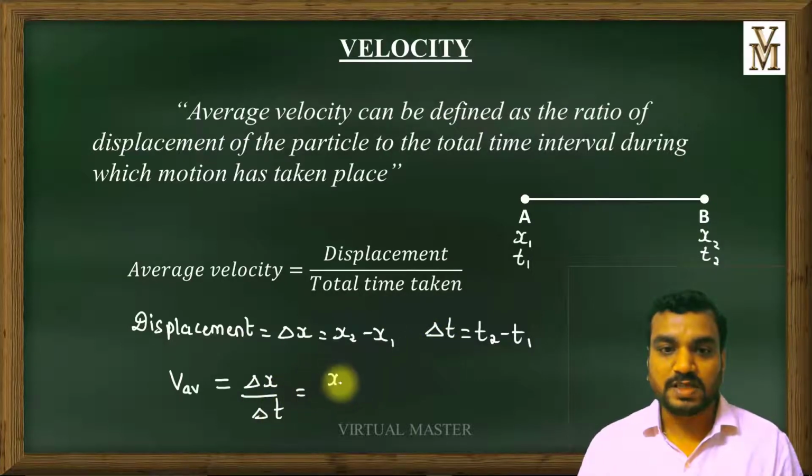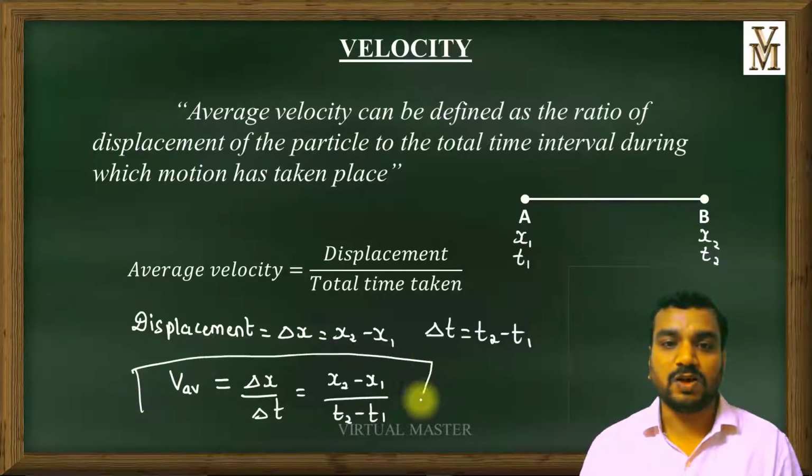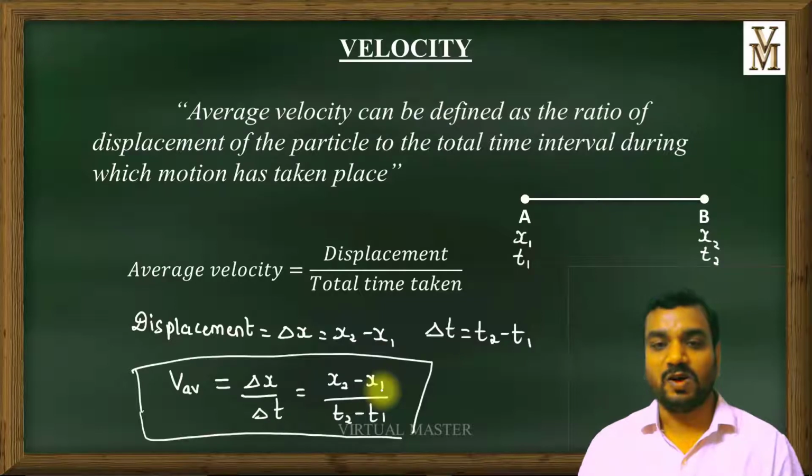It is equal to x2 minus x1 divided by t2 minus t1. This is the formula for average velocity of an object, where x2 is the final position of the object and x1 is the initial position of the object.